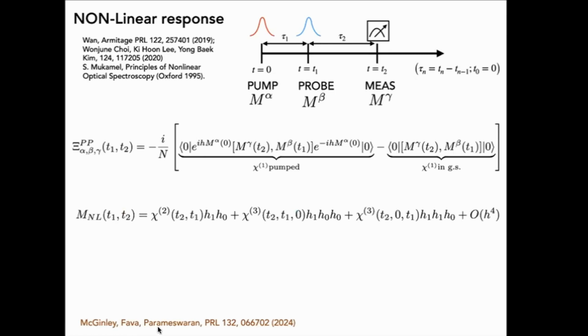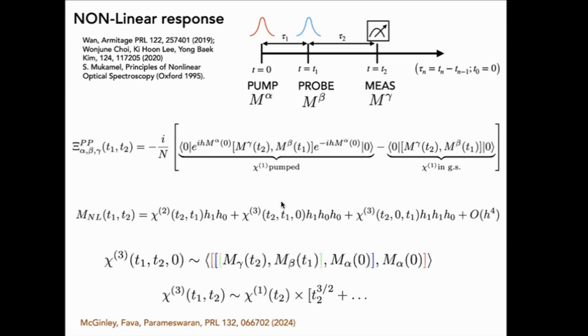And here there's a beautiful paper by Sid Parameswaran's group that we were very influenced by. Now we can look at it in an expansion in the field, to order h cubed, which I'm going to denote by chi3. So I'm going to look at the nonlinear response, which is the response to order chi3. Let me go a little quickly.